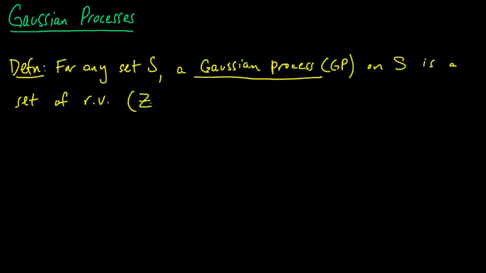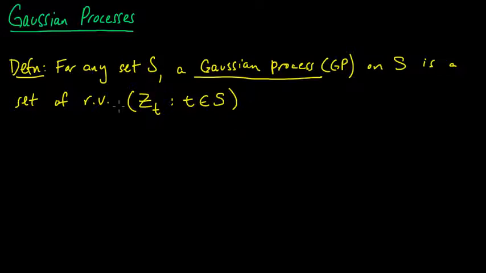Maybe I'll use Z because I want to use X for something else. So it's a bunch of random variables Z_t that are indexed by these elements t, which are in the set S. I'll put these parentheses rather than a set, but I could have put set braces here.